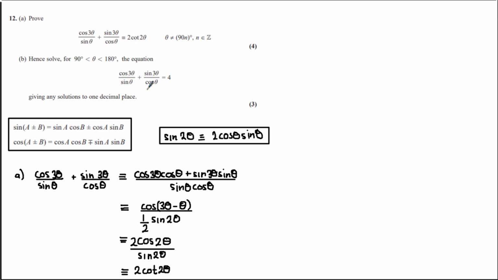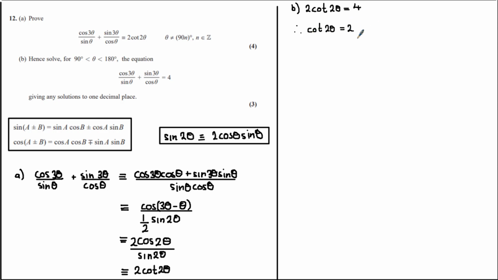Now the left hand side of the equation is equivalent to what we've just proved to be 2 cot 2 theta. And therefore we can say that 2 cot 2 theta is equal to 4 and work to solve this equation. So dividing both sides by 2, we get that cot 2 theta is equal to 2.